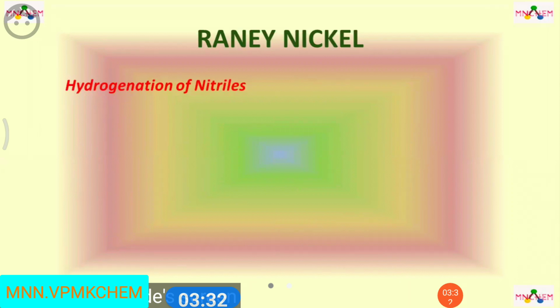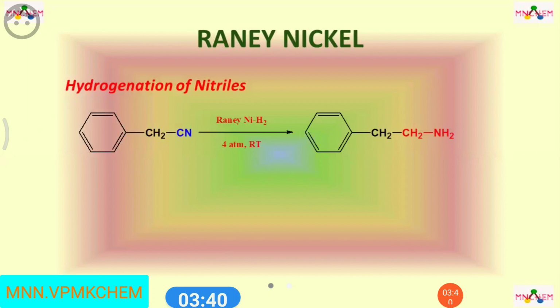Raney nickel is also used for hydrogenation of nitriles. The nitriles or cyanides get reduced to primary amines. So here, the cyanide is reduced using Raney nickel at room temperature to the CH2NH2, a primary amine.